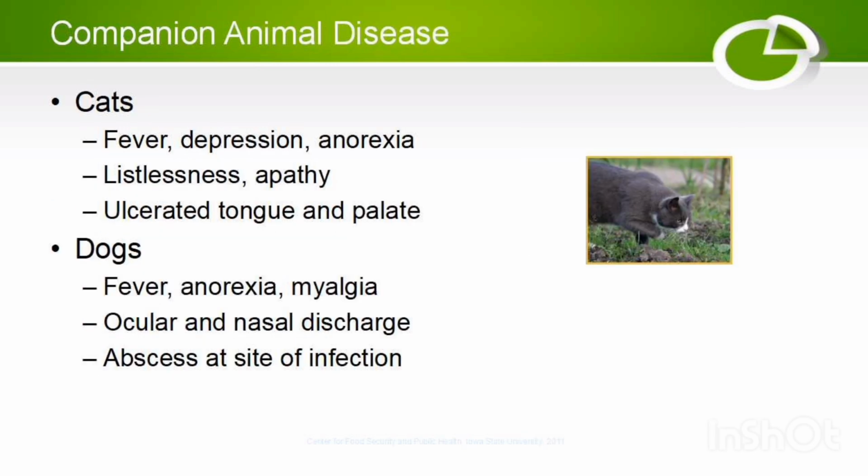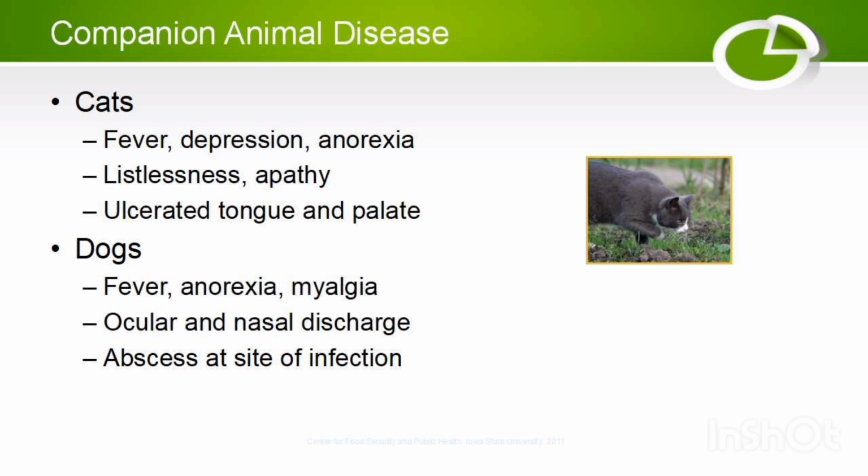Tularemia in cats can range from non-clinical infection to mild illness with lymphadenopathy to severe infection and death. Signs seen in reported cases include fever, depression, anorexia, listlessness, and apathy. And some cases had an ulcerated tongue and palate.